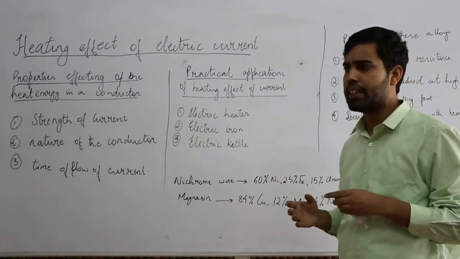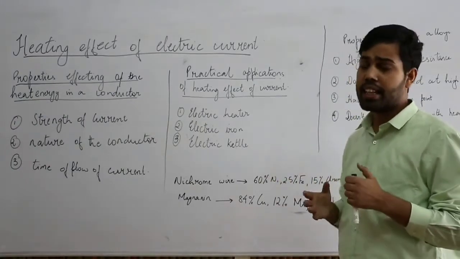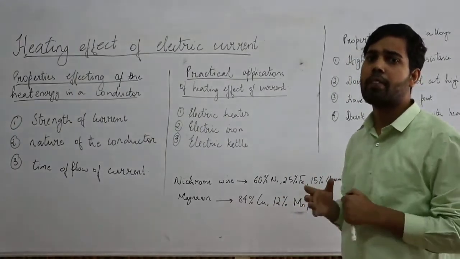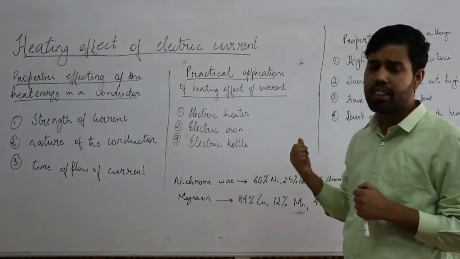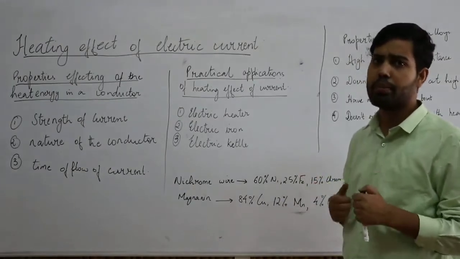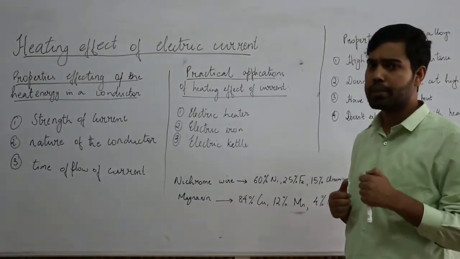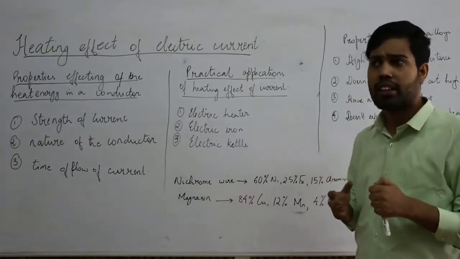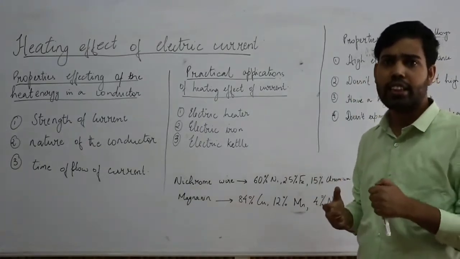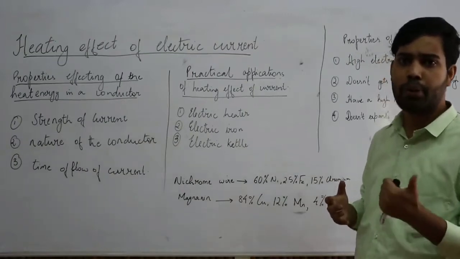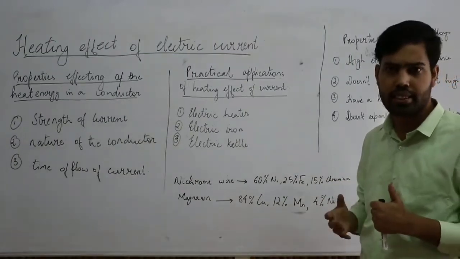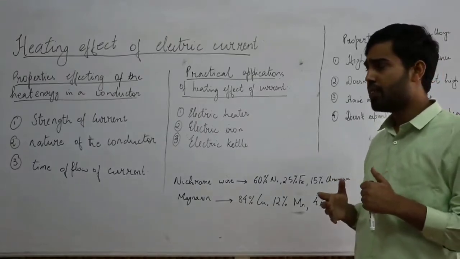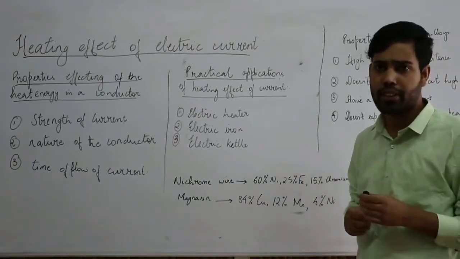What I mean is that the entire amount of current that is being supplied to these devices is being converted into heat energy, and this is being done because of the resistance of these substances. Now, this conversion of electrical energy into heat energy in purely resistive appliances is known as the heating effect of current.